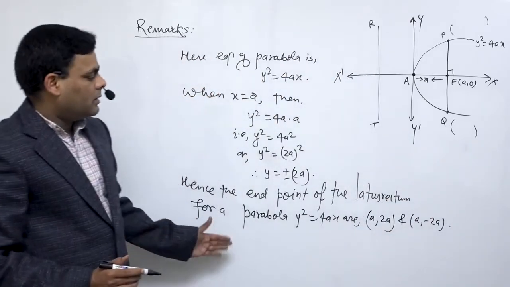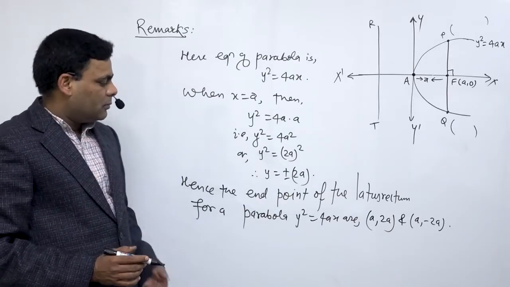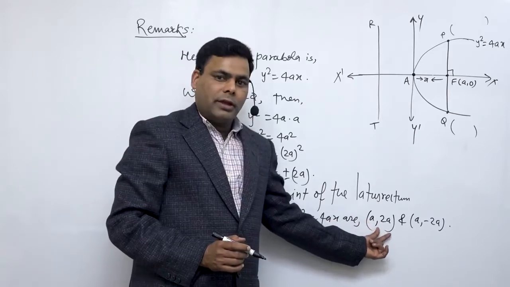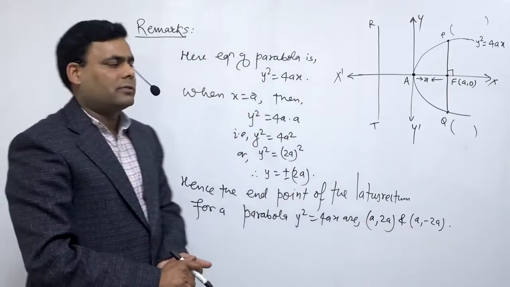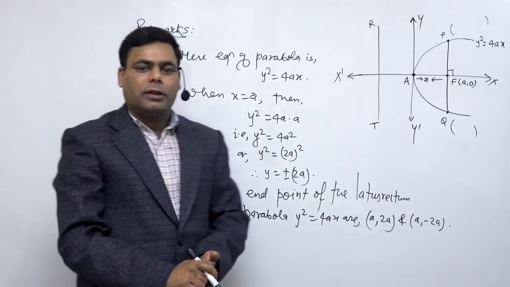In this way, we can find the endpoints of the latus rectum for a parabola y square equals to 4ax as a comma 2a and a comma minus 2a. Let it be remark 1. Now we have another remark.